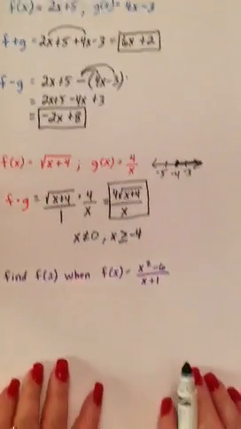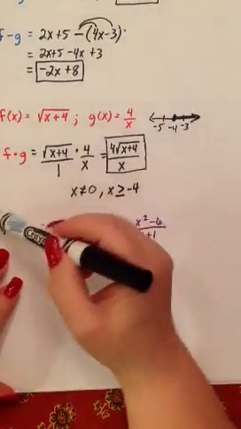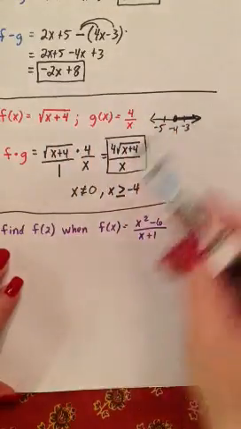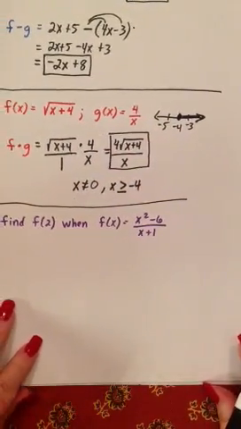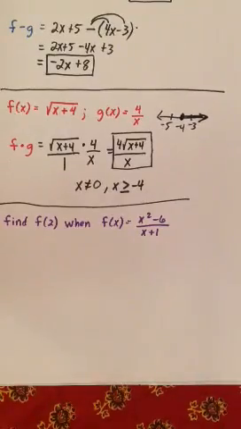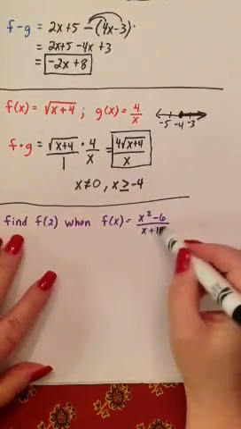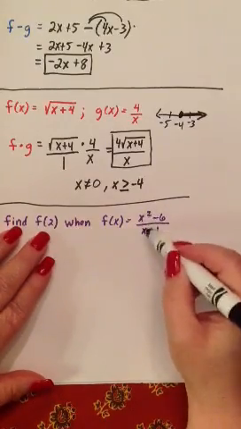All right, let's look at one other kind of problem. This is a completely different problem, okay? It says find f of 2. Let me make sure I'm in the camera. Good, okay. It says find f of 2 if f of x is equal to x squared minus 6 over x plus 1. You just substitute 2 in for the x.